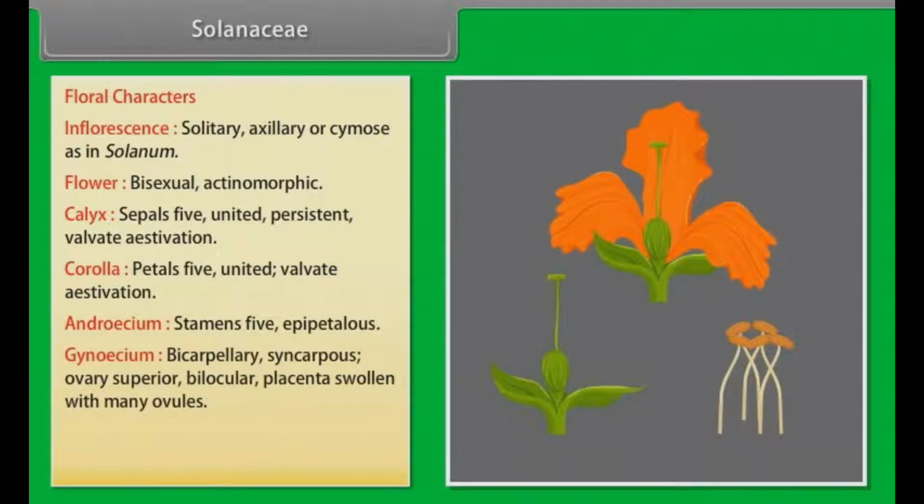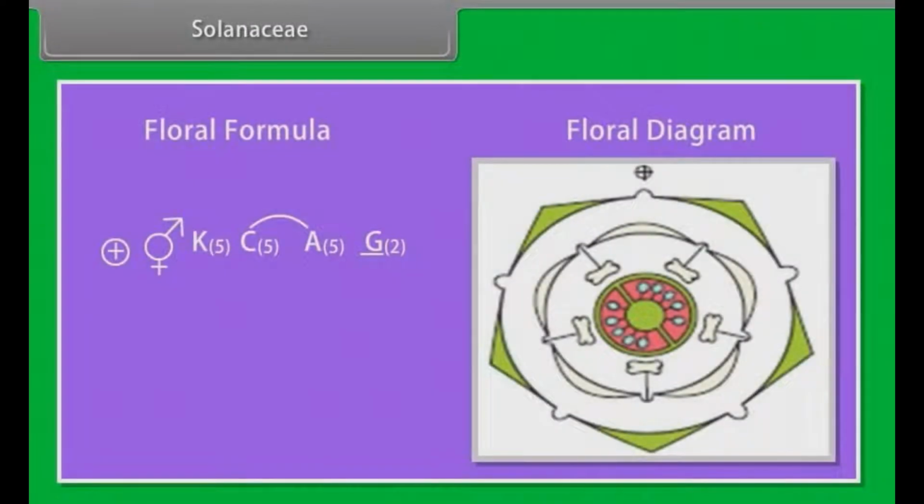Gynoecium, bicarpellary, syncarpous, ovary superior, bilocular, placenta swollen with many ovules. Fruit berry or capsule. Seeds many, endospermous. Floral formula is shown, and this is the floral diagram.